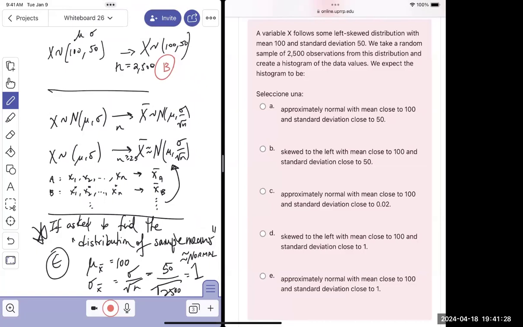Okay, is that confusing? So it's a trick question, Natalia. Knowing one distribution and sampling from it, you can only expect the sample to look like the original distribution.